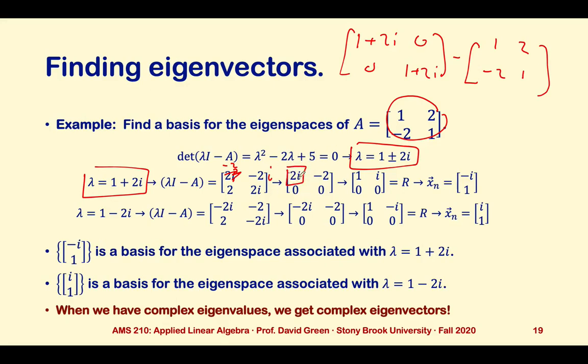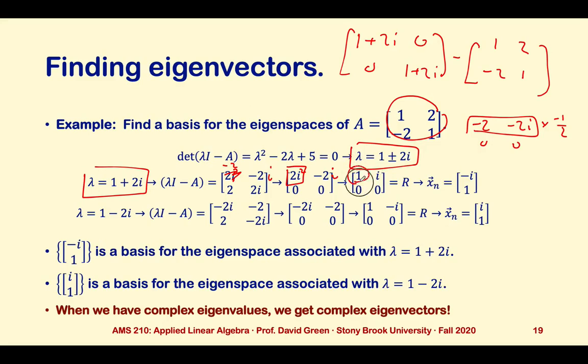We can do this first of all by multiplying by i. This gives us, again, i squared and negative 2i. But i squared is negative 1, so this would give us negative 2, negative 2i, 0, 0. Then we divide this first row by negative 2, or multiply by negative half, and this would give us 1 and i.